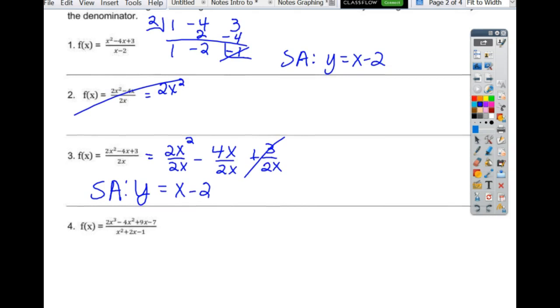But how do I have to do number 4? Okay, if we can't synthetic divide, what's the only other division we know how to do? Nope. We're going to long divide.